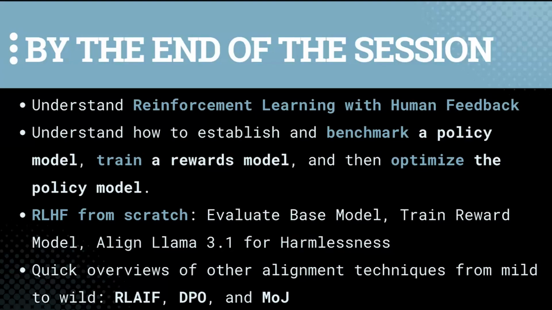Then we'll also do a quick peppering at the end of specific techniques that have emerged in the alignment space since, including the gold standard today, direct preference optimization, which follows directly from being able to do something like RLHF, and some of the new stuff going on, like mixture of judges, which has recently come out from Meta, where they talk about taking RLHF literally to the next level. That's what the paper is called.